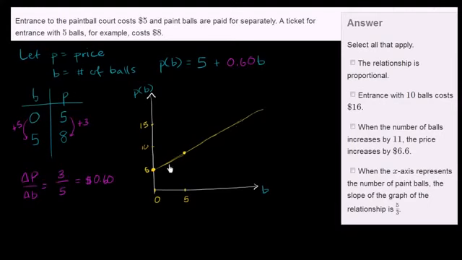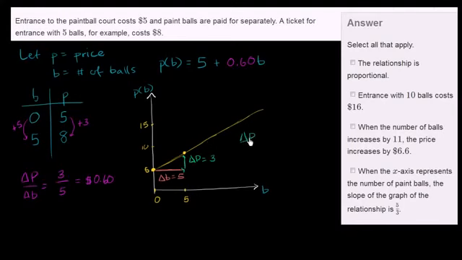And if you ask, what is the slope of this line? Well, the slope is the rate of change of the vertical axis with respect to the horizontal axis. So what is that? When the horizontal axis changed by 5, when your change in B is equal to 5, your change in price was equal to 3.